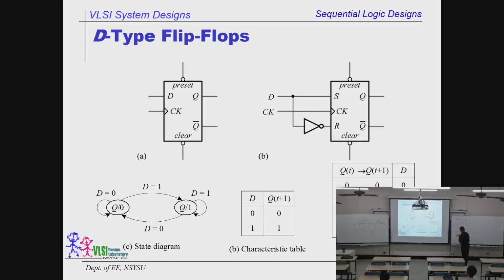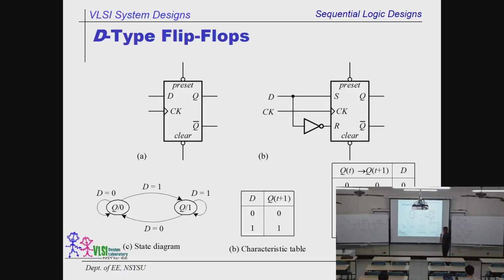D equal to 0, nothing changed. D equal to 1 stays there. And this is a Moore machine. Why? Because the output is here, this is where the output is. So you check where the output is, then you find out which machine you are talking about.